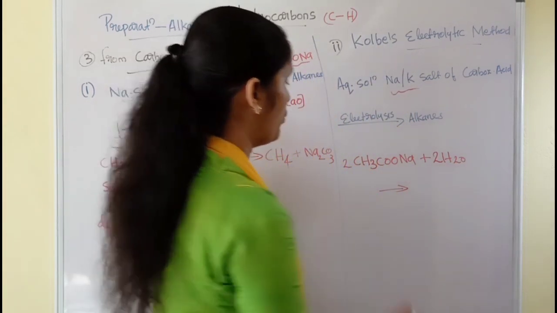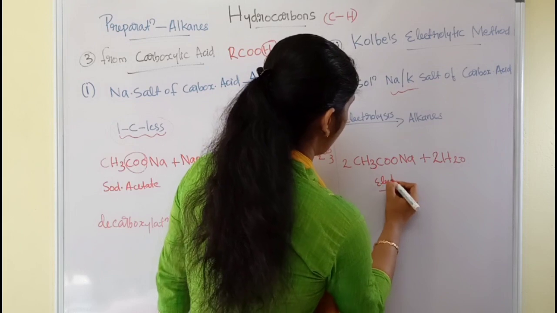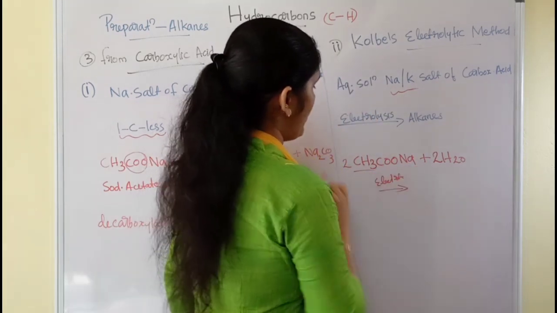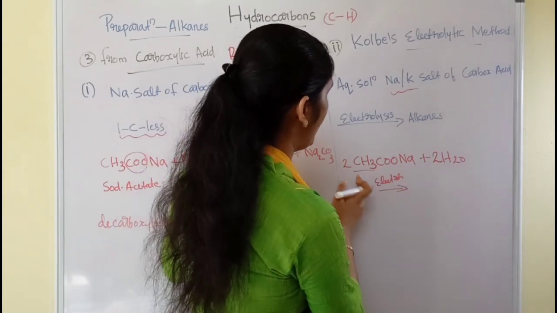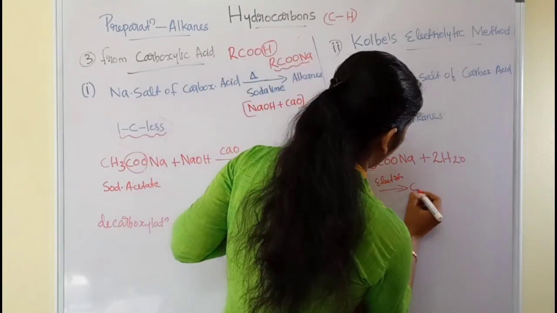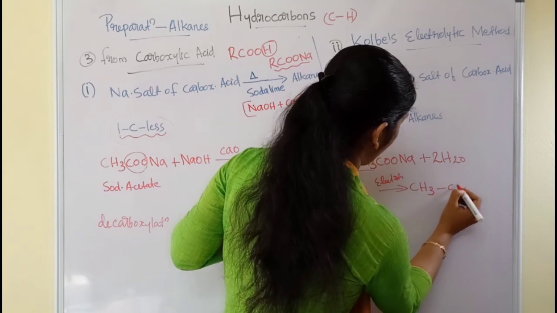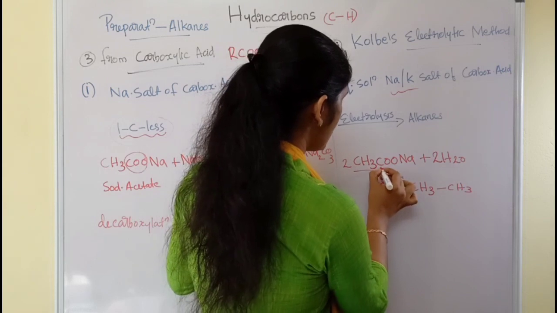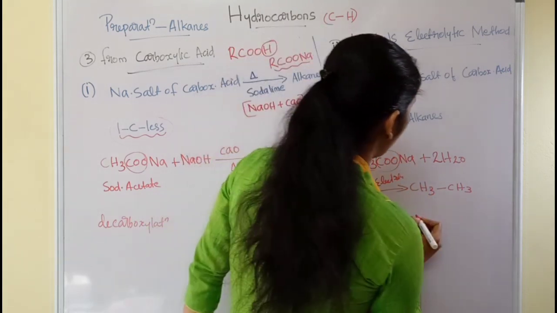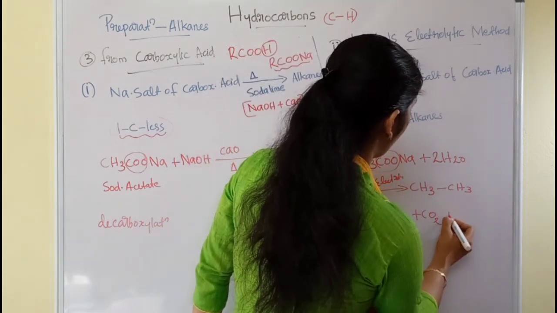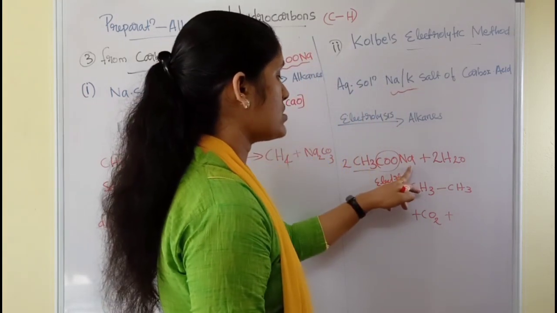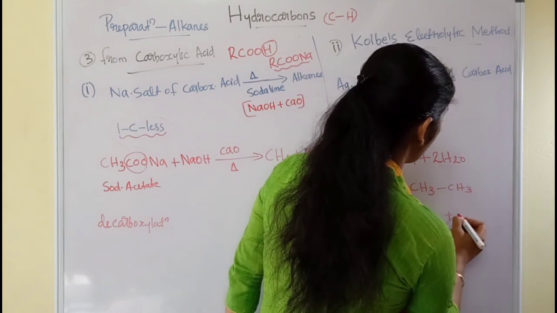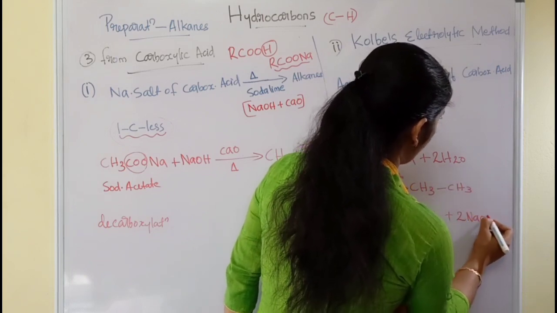On electrolysis, that is, when current passes through this, the corresponding alkane will be CH3CH3. Carbon dioxide gets removed from the compound, so we get one byproduct, carbon dioxide, and the sodium combines with water and forms NaOH.